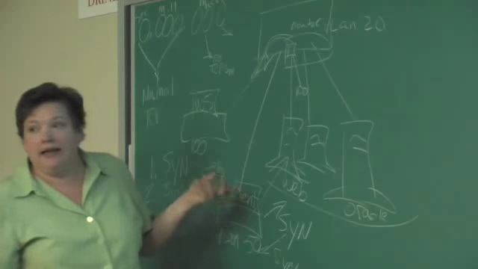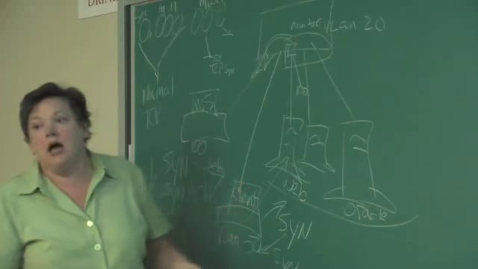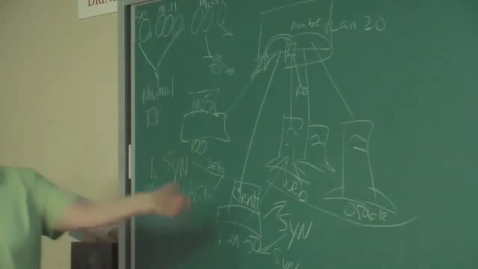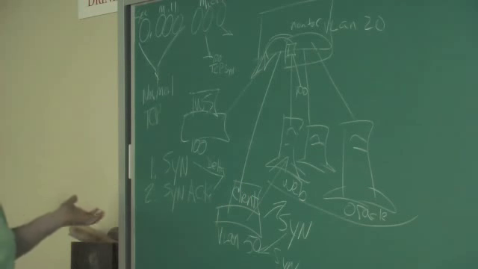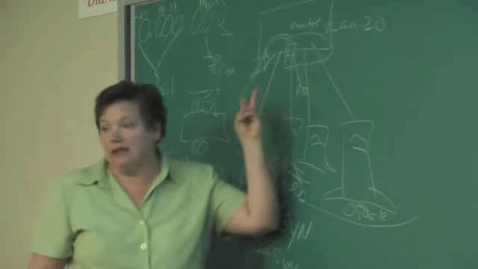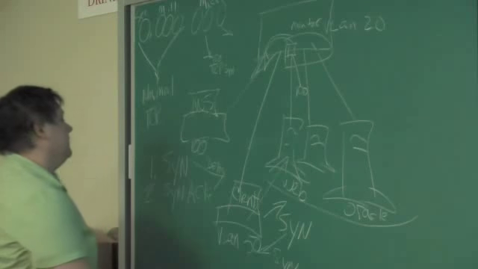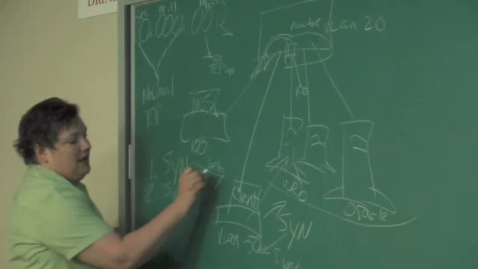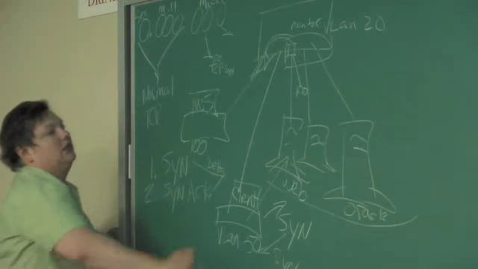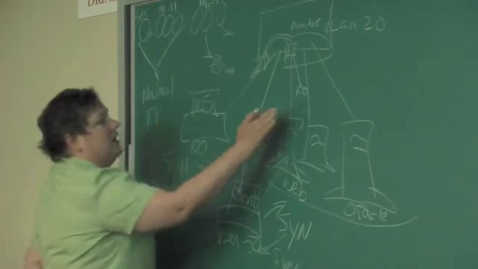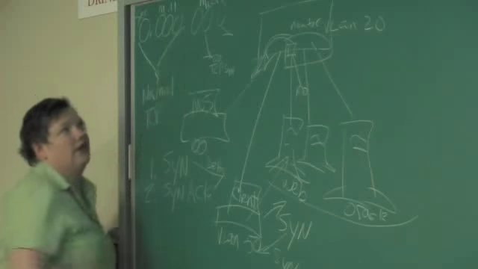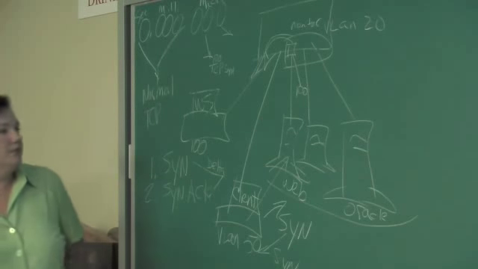Now, in my drawing, my client is hanging off the same switch. My client could be 300,000 miles away, and I'm still looking at the same thing because I'm capturing here at the server. Right? So my difference between when that SYN came in and the SYN ACK came out, if that's a 100 megabit server, I should see that within tens of microseconds.